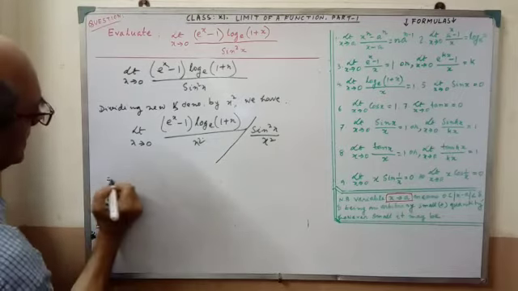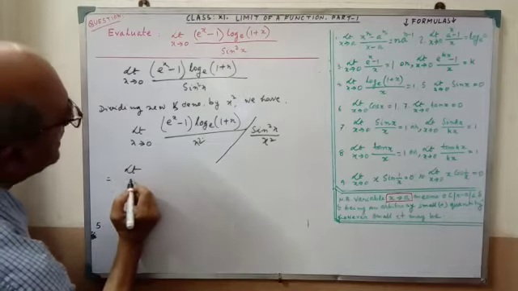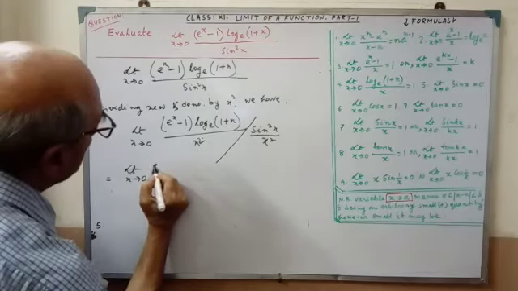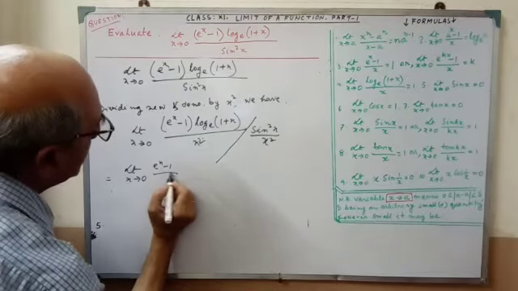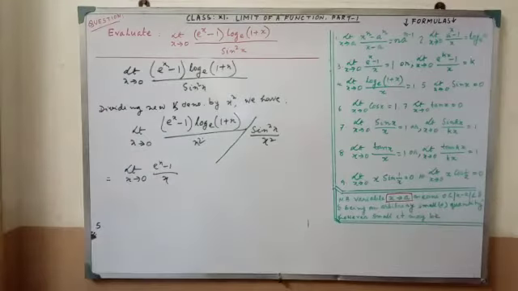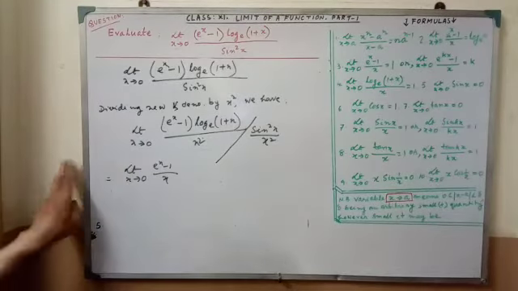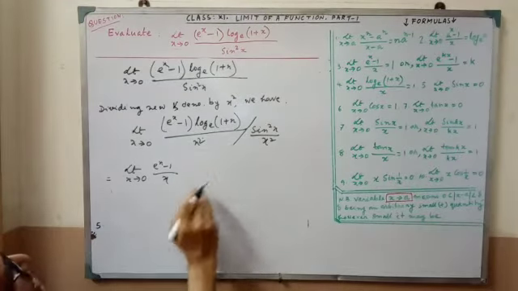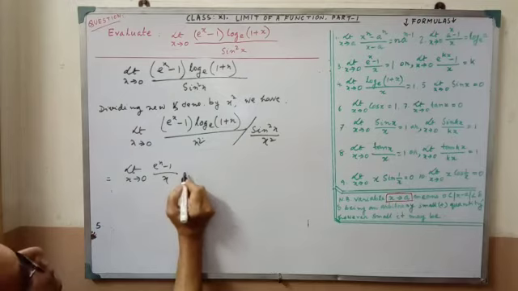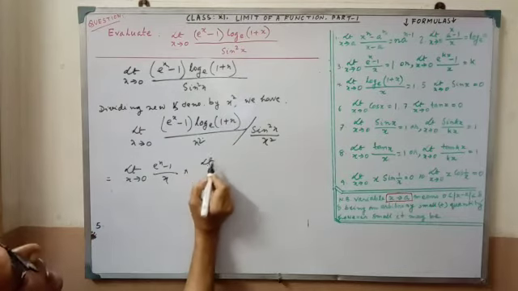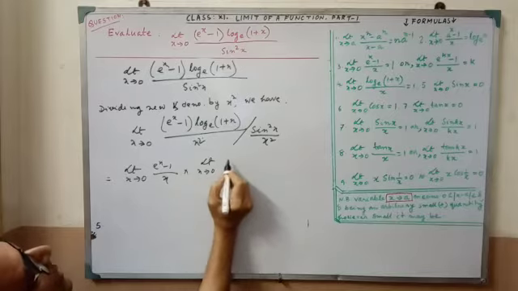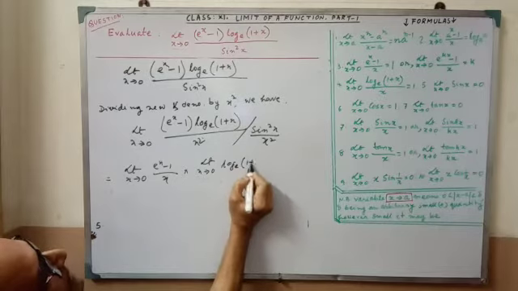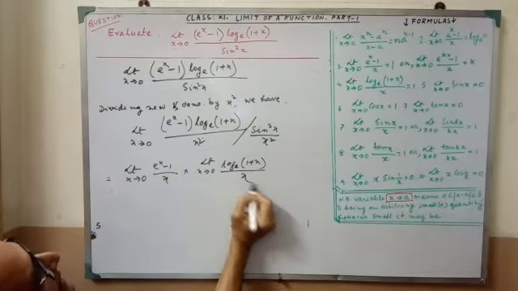See here, that is limit x tends to 0, e to the power x minus 1 by x we may write. Here also we may follow the product operation, that is into limit x tends to 0 log e 1 plus x by x.